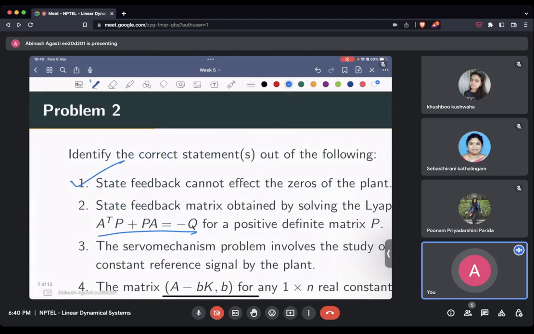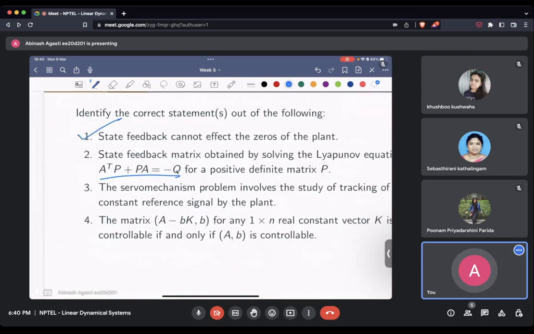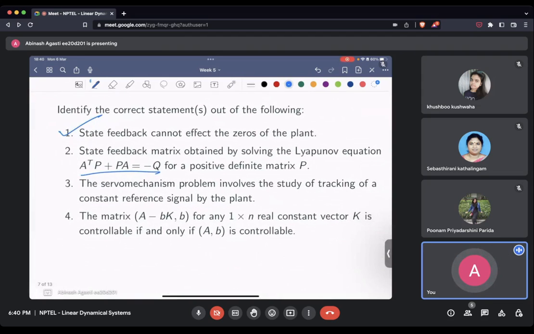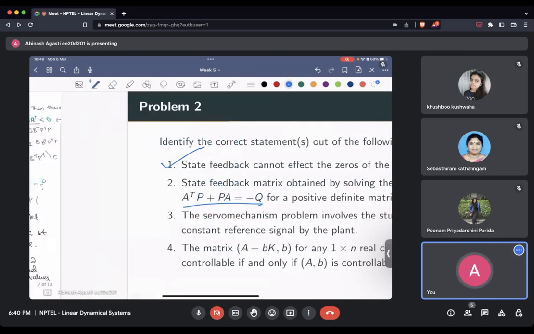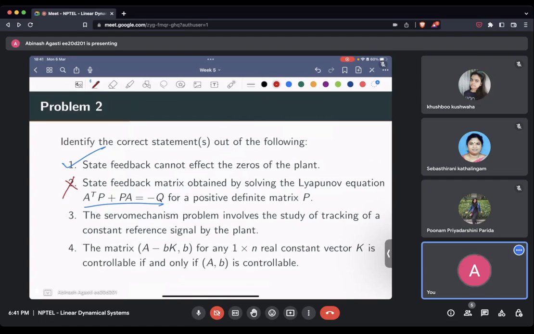But now here we have a minus q here. So the corresponding state feedback matrix that we can obtain from this P won't give us the stabilizing solution. And furthermore, even this situation would have been true when the system is stabilizable. So those things we have to take care of. Okay. So this is not true.